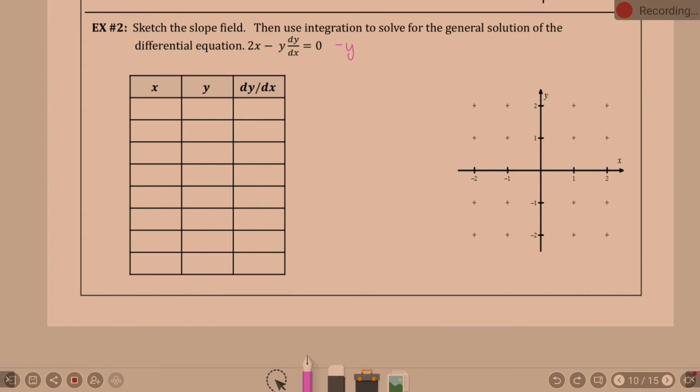I was going to keep the negative y dy/dx where it is, subtracting 2x over to the other side. And then if I divide by negative y, negative divided by negative is a positive. So I'm going to say that my differential equation this time is best represented as dy/dx equals 2x over y.